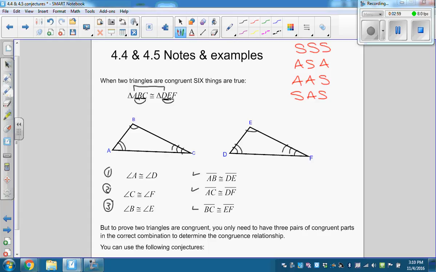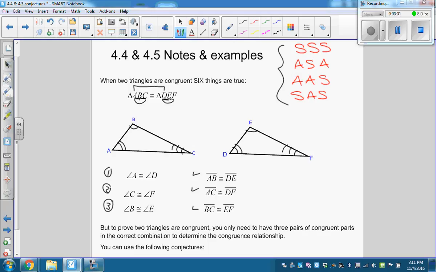So there's 6 different things that we could say when we have congruent triangles, but to prove two triangles are congruent, you don't have to prove 6 things. You just need to come up with 3 in a specific combination, and that's why those are handy. So those minimize our work. So the goal is eventually, starting next week, you're going to take different situations and prove triangles are congruent, and instead of having to go through 6 steps, plus other things, you have to have 3 key congruence relationships.